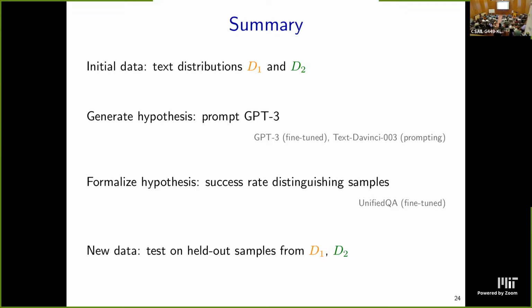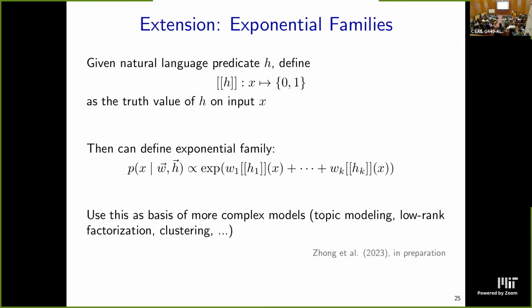Yeah, those are all good questions. I'm not sure about linguistic conjunctions and disjunctions. My sense is GPT-4 isn't that great at disjunction, but I don't know. It's interesting because you're sampling multiple hypotheses, right? The different hypotheses are often getting at different aspects of the data, and so maybe this is good motivation for the next slide, which is the extension of what if we want to go beyond just this single language predicate.